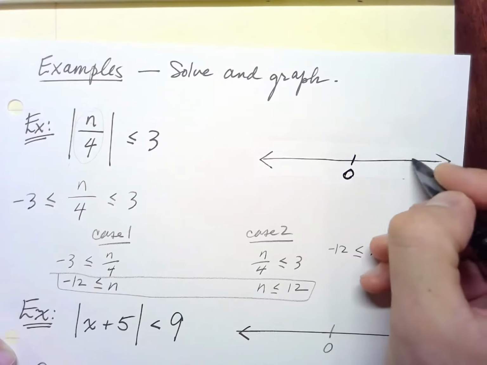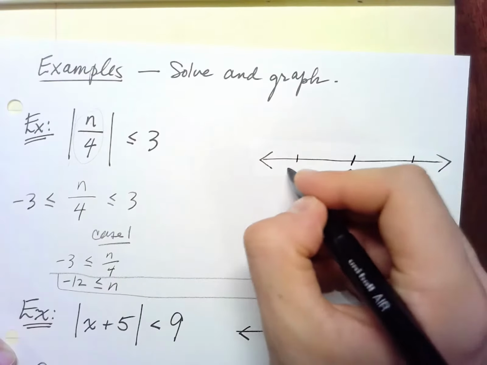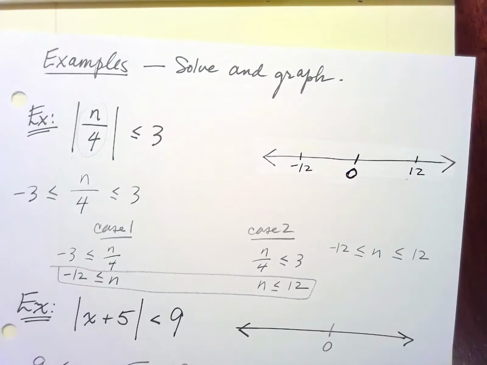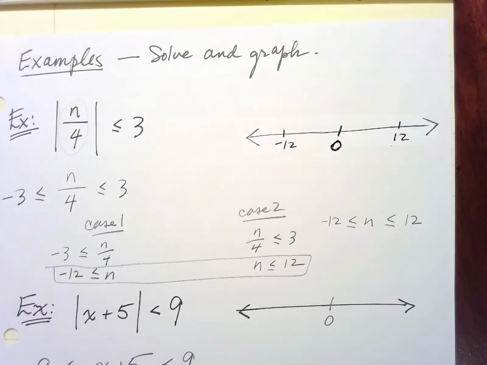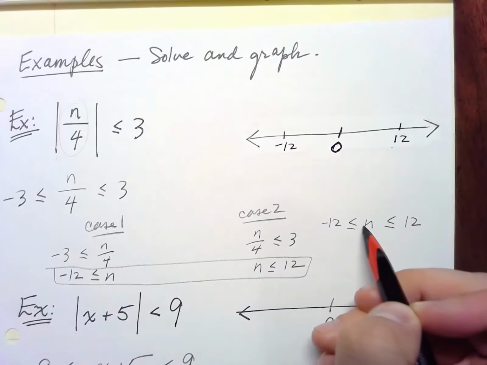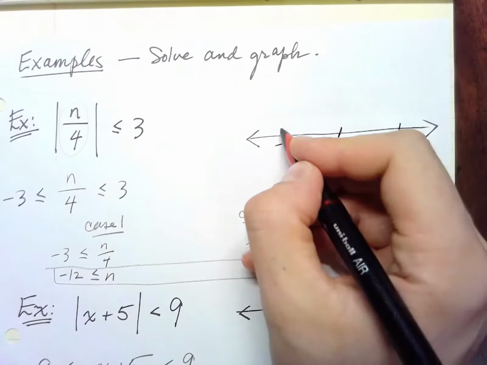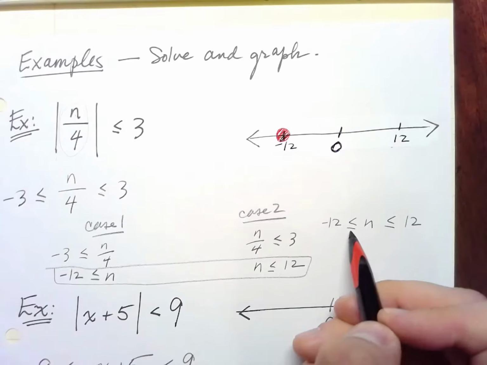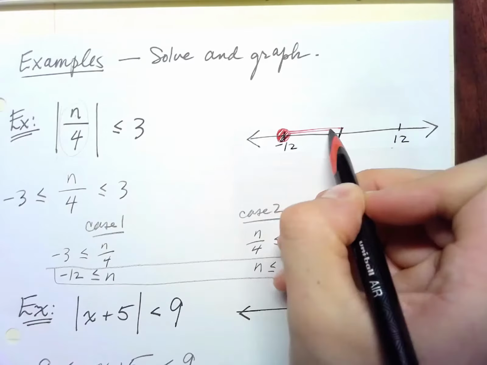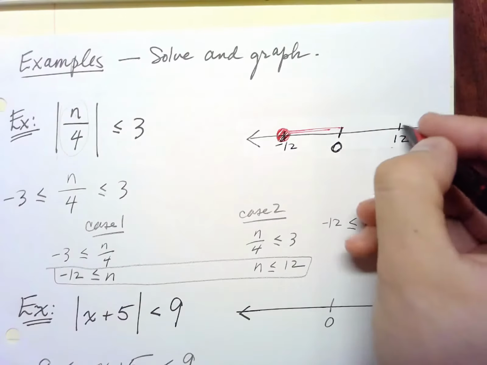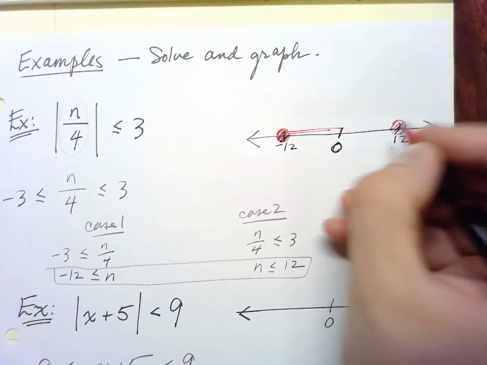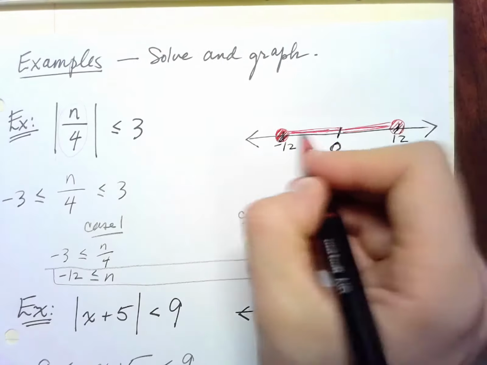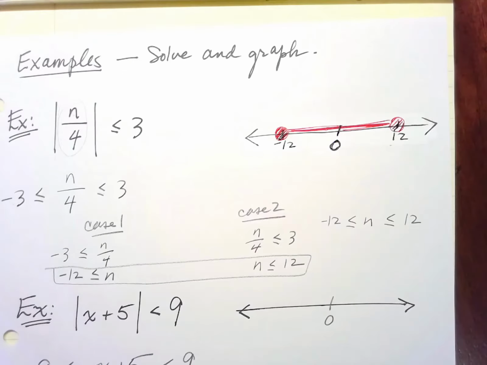Here's 0, here's 12, here's negative 12, and of course we're interested in the convergence of these two, so it's bigger than the negative version. So here's the negative version, and it's filled in because it's equal to, so I'm going up that way, and it's less than the positive version. So here's the positive version, and here I have the solution like that.